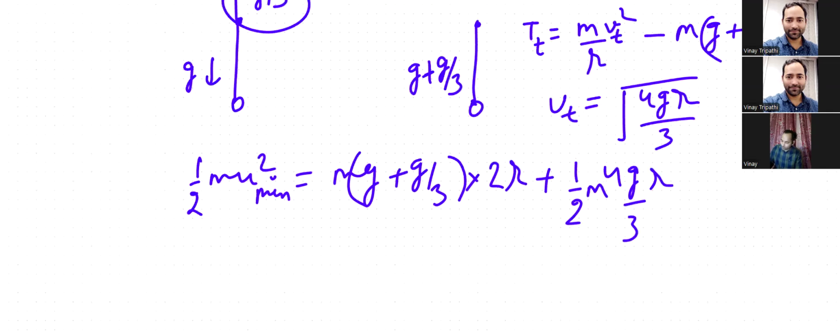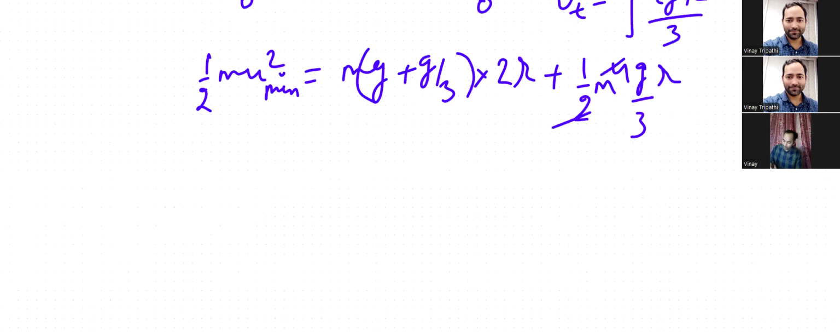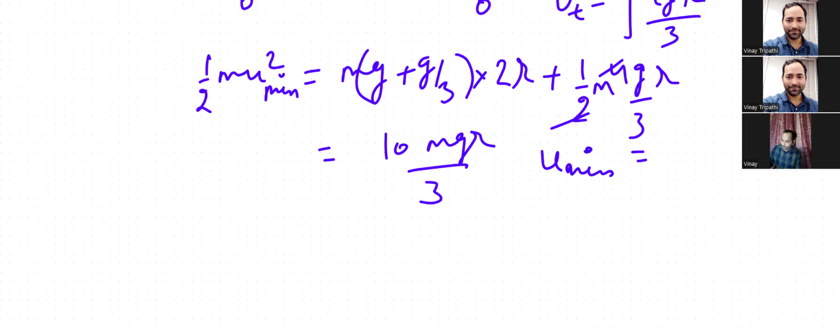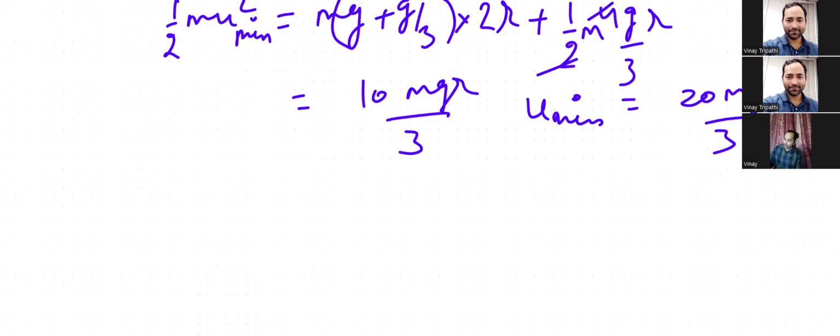This becomes 2 mgr by 3, and here 4 into 2 is 8 mgr by 3, and 8 plus 2, 10 mgr by 3, right? So u minimum is going to come as root of 20 gr by 3, right? Basically the concept of g effective, right? So here g effective is 4g by 3, 5 into g effective into r. U min is equal to root of this, right?